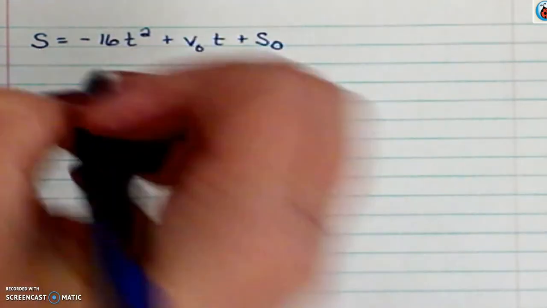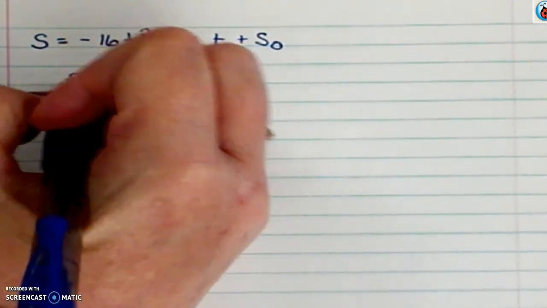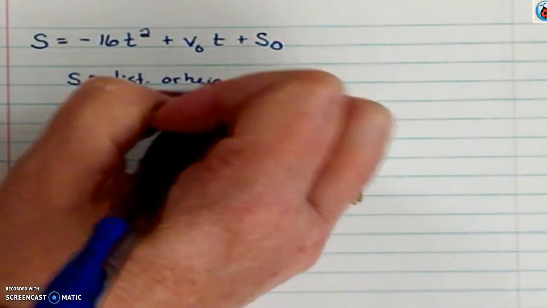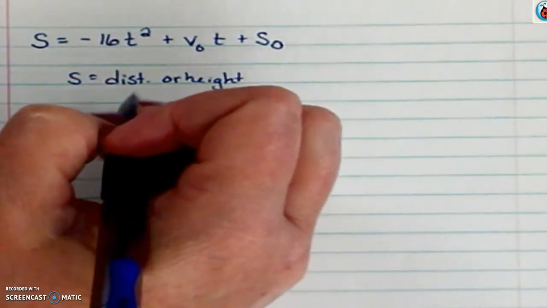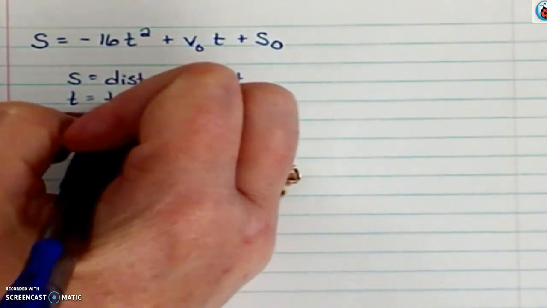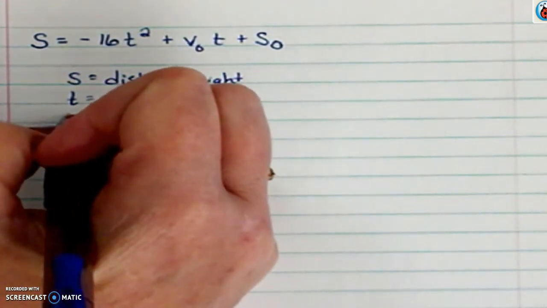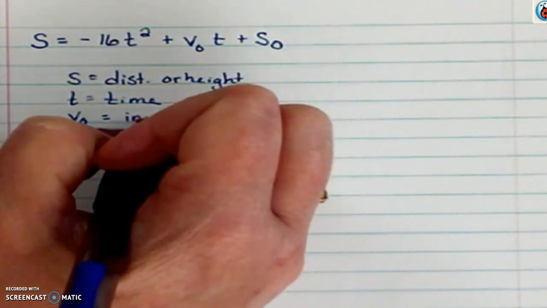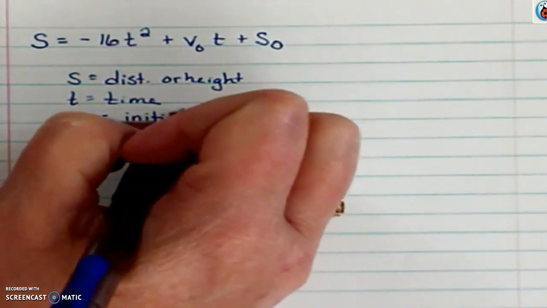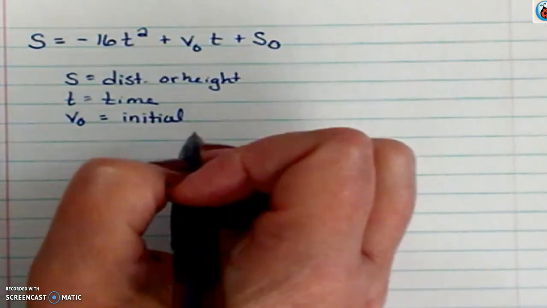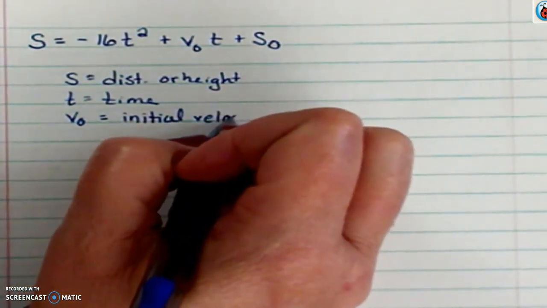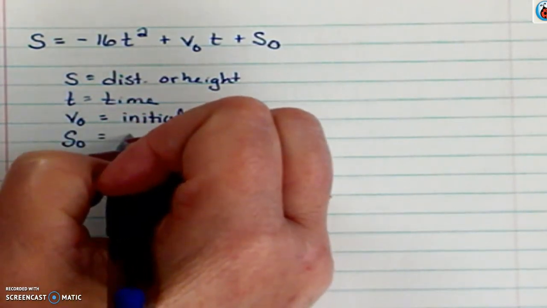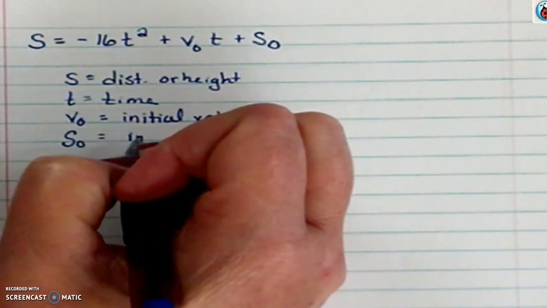I can just jot down what they are: s is equal to your distance or your height. t is just going to refer to time, and in this case it's going to be in seconds. v sub o is the initial velocity, and sometimes if you think of the o as original or the starting point, it's the initial velocity, and s sub o is going to be the original or the initial height, the height above the ground.